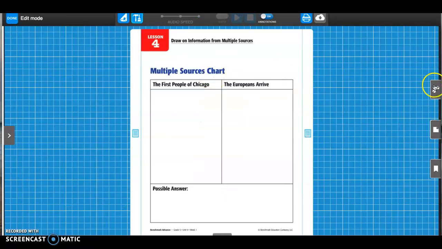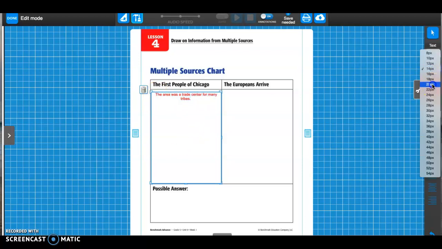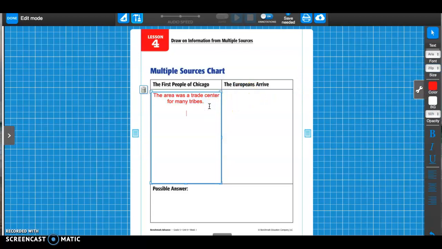So I'm going to note that as my very first piece of information: the area was a trade center for many tribes. That is going to be our first piece of evidence about the area of Chicago.